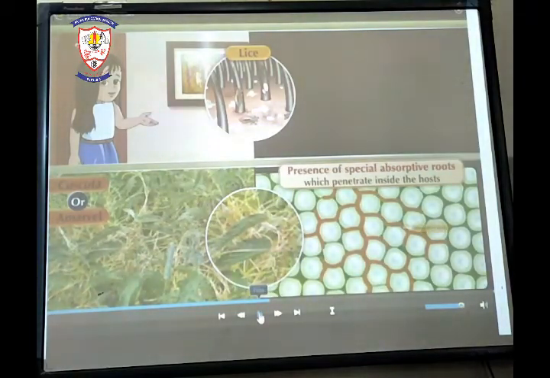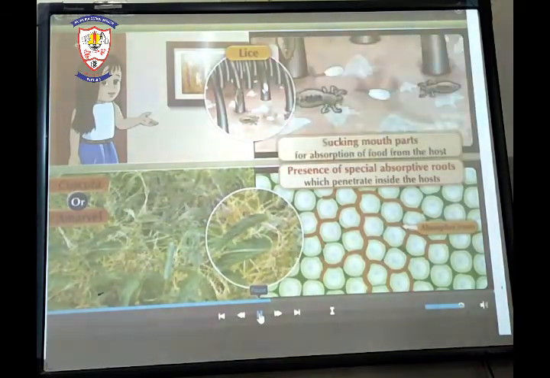These plants have special absorptive roots which penetrate inside the host and absorb some substances for their food. The animals have sucking mouth parts for absorption of food from the host.